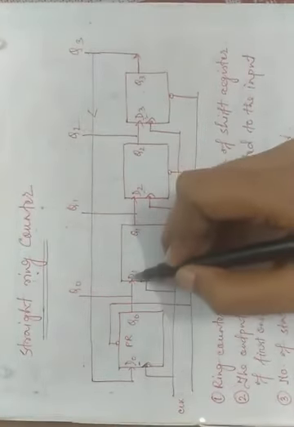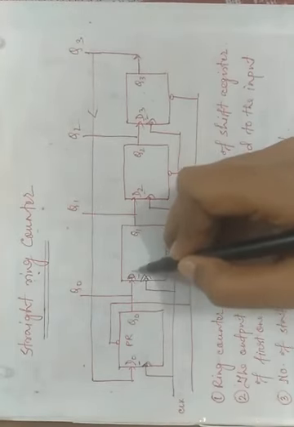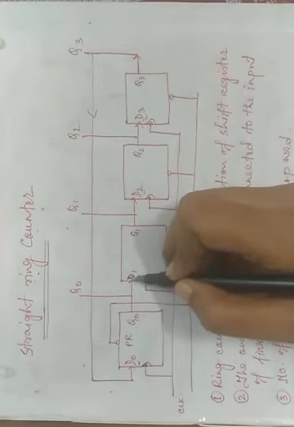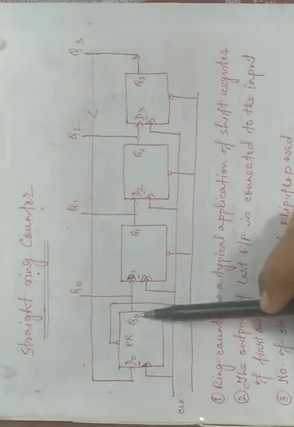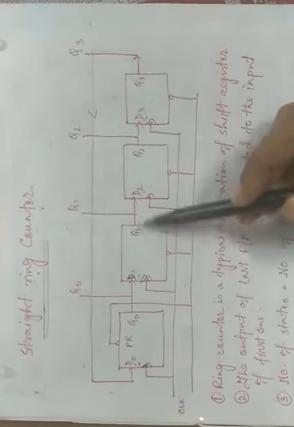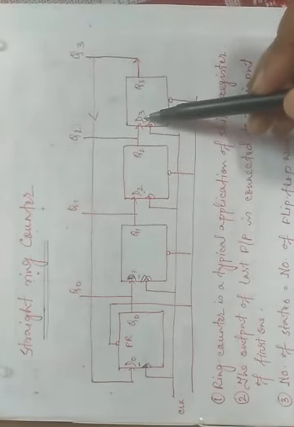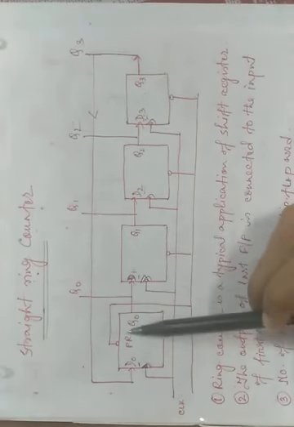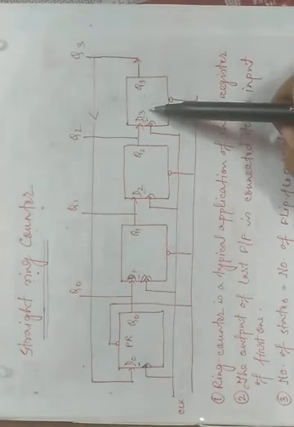Here you see that in a shift register the input of the next register comes from the output of its previous flip-flop. So output Q0 is connected with the input of D1, output Q1 is connected with the input of D2, and output Q2 is connected with the input of D3. This is a type of serial input as we do in the shift register.